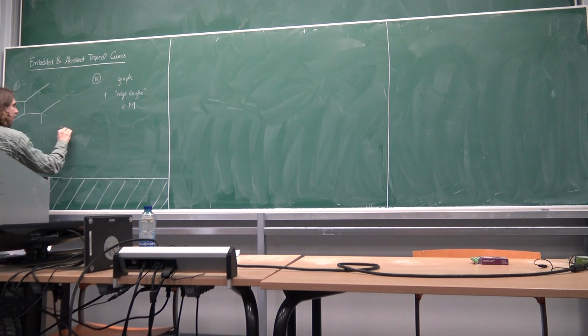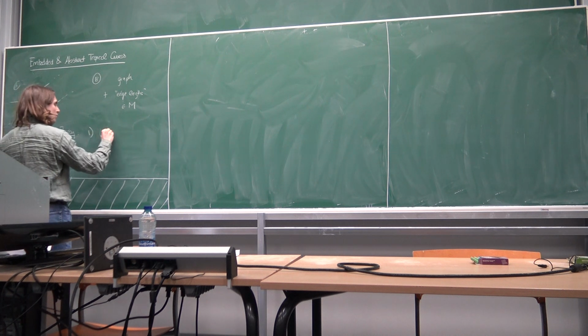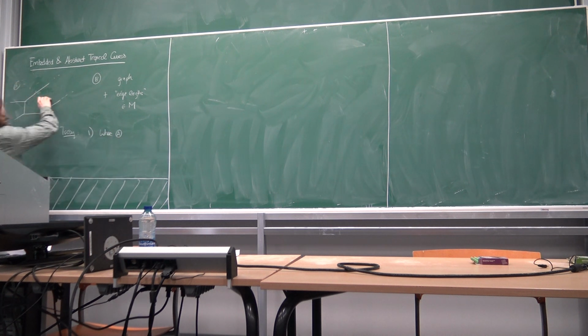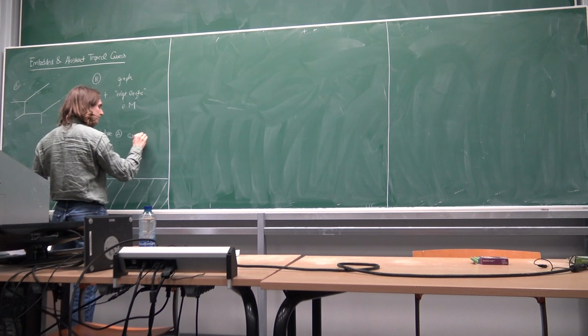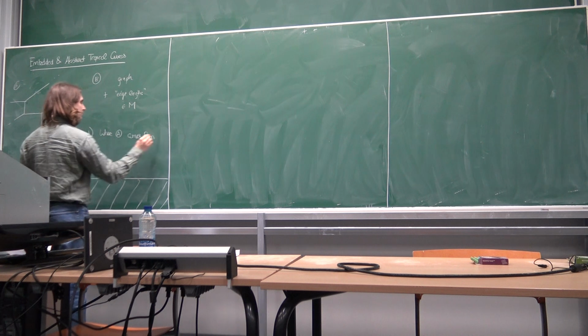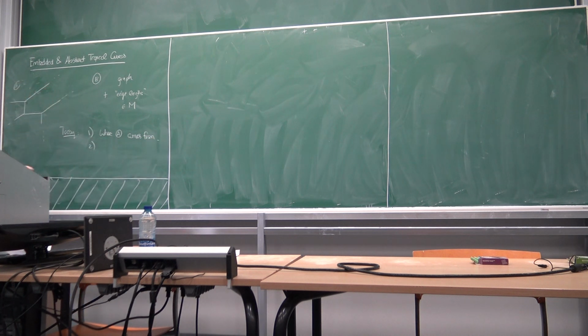So basically what I want to do today is explain two things. First of all, where these embedded tropical curves like this come from. And secondly, how do we go from this sort of embedded tropical curve to a more abstract tropical curve as we see in the paper.